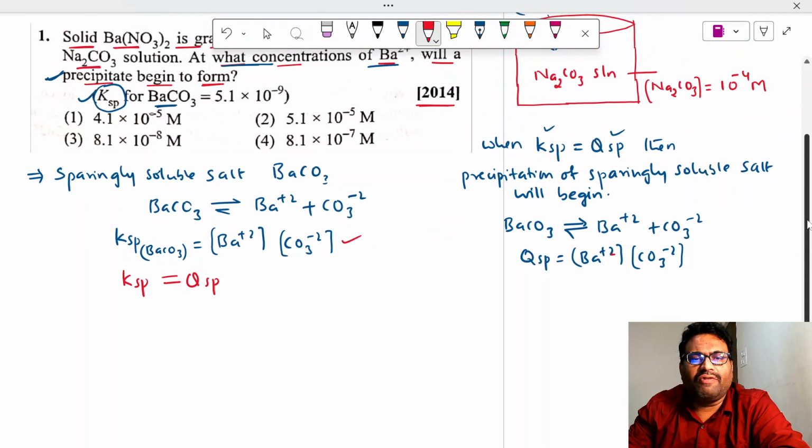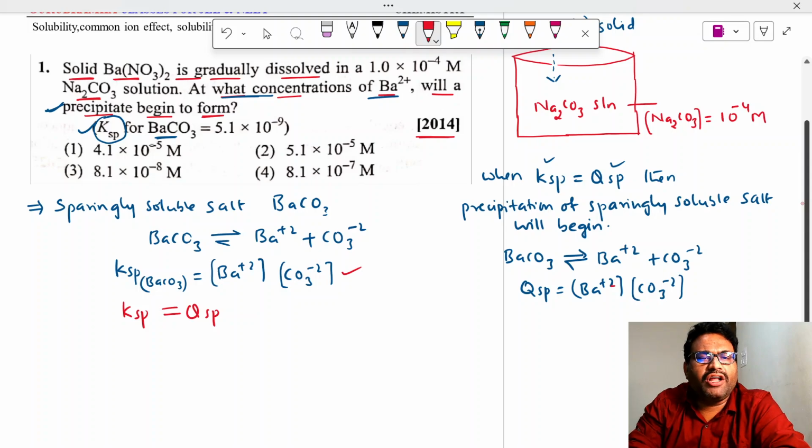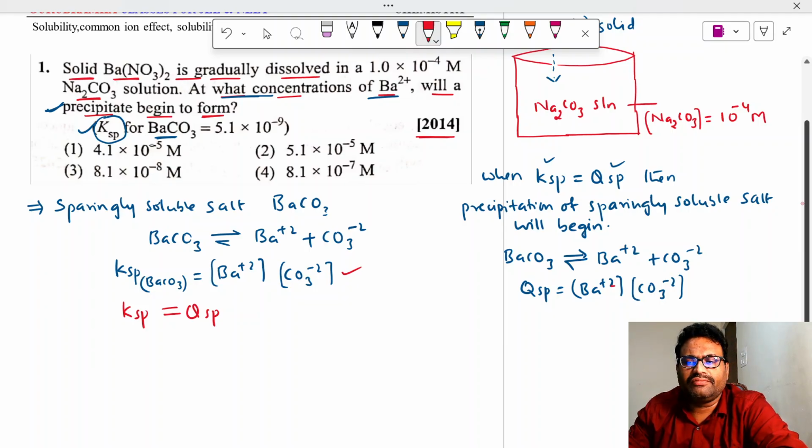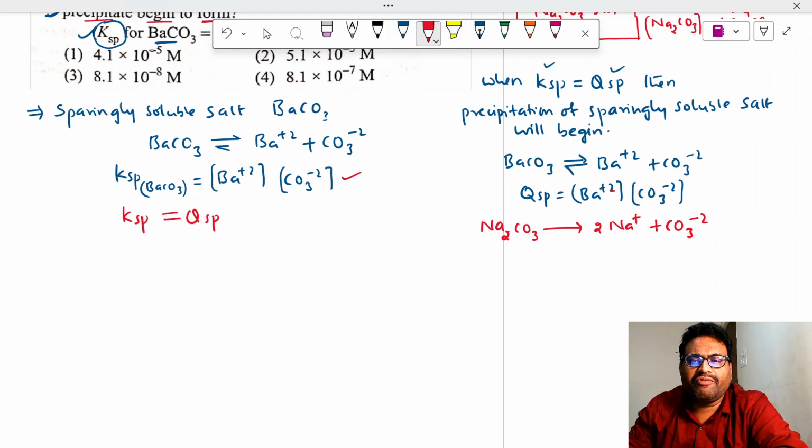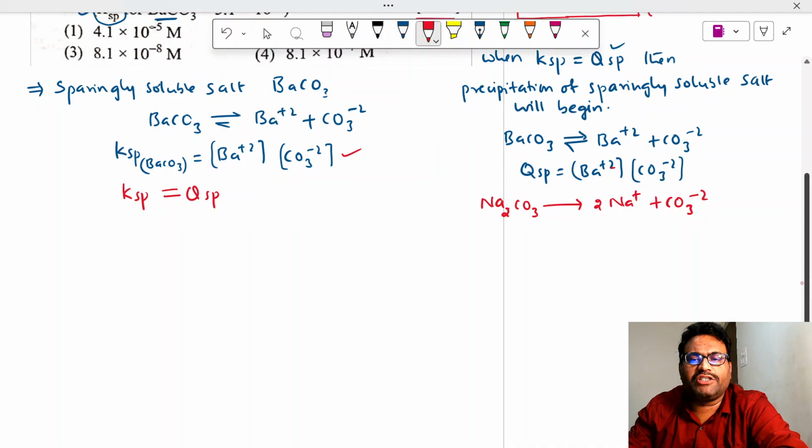So now what is given here? Solid barium nitrate is gradually dissolved in 10 power minus 4 M Na2CO3 solution. Na2CO3 is a strong electrolyte, so it dissociates completely into 2 Na plus and CO3 minus 2. The concentration given is 10 power minus 4 molar.